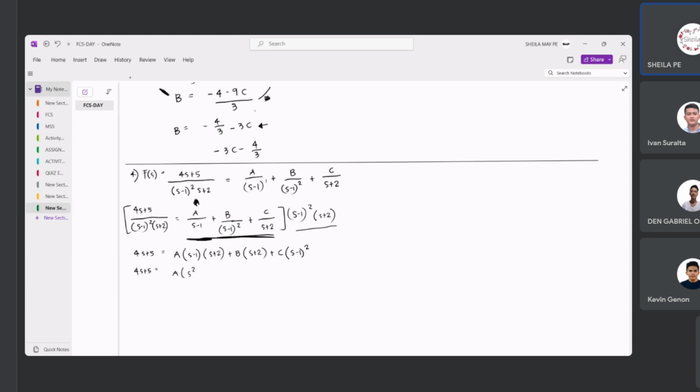a s squared. This is negative 1s, this is 2s, so this is s minus 2.